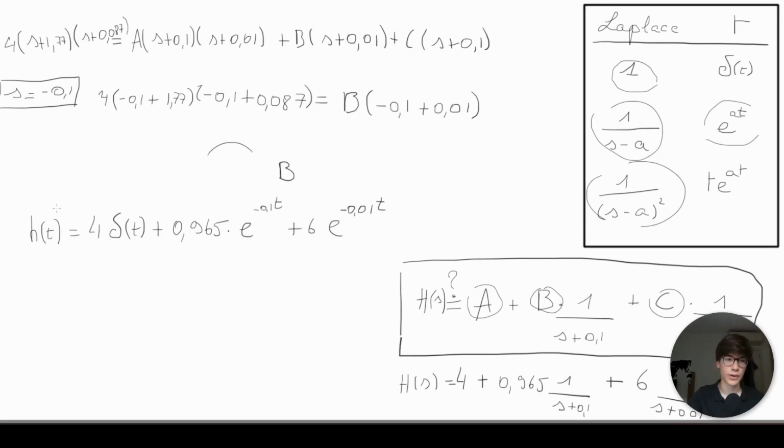And there you have it. This is our impulse response.